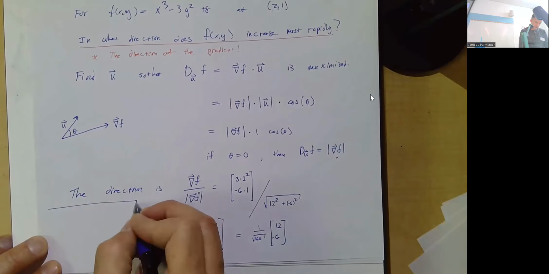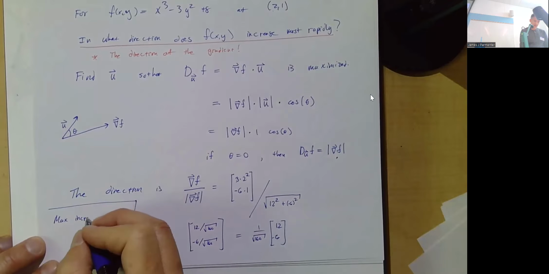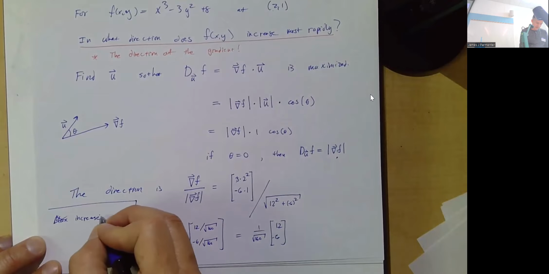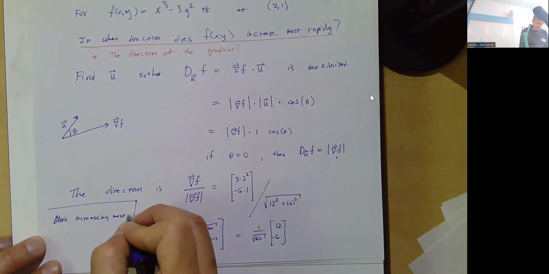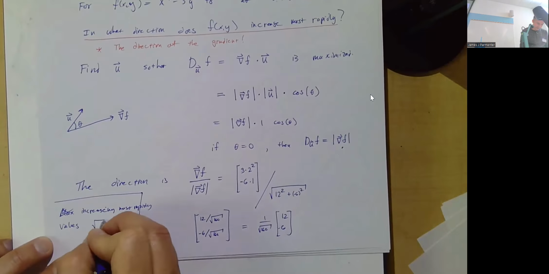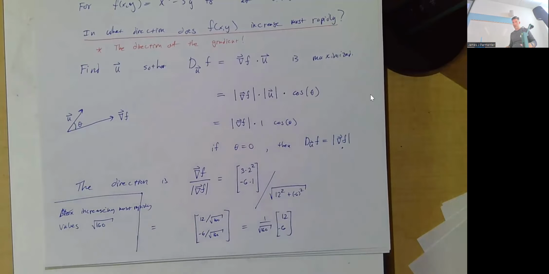So it's increasing most rapidly. The value is just the square root of 160. That is the slope of the surface in the direction of maximal increase.